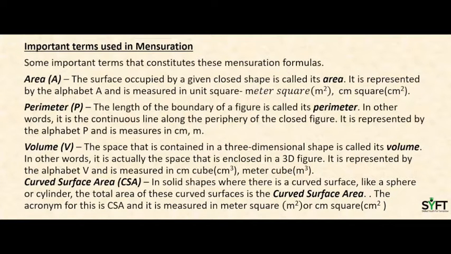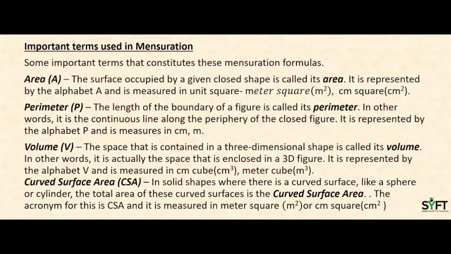Now we'll discuss some important terms very frequently used in mensuration. So these are: Area. The surface occupied by a given closed shape is called its area. It is represented by the alphabet A and is measured in square units, so meter square and centimeter square.